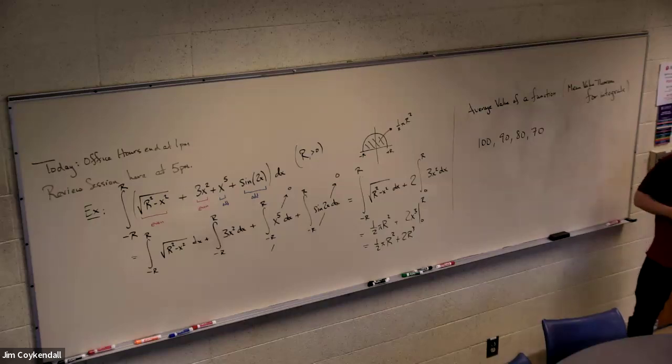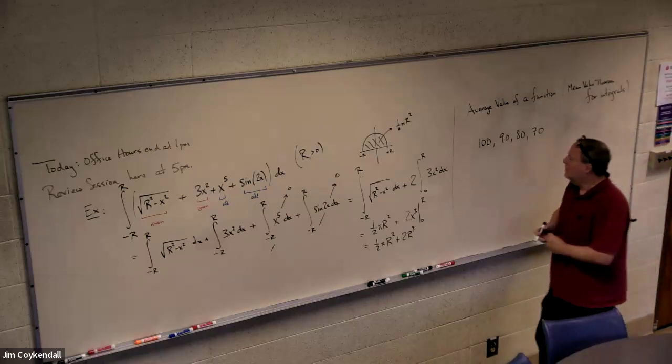That's actually a pretty smart way to do it. But that's because these scores were spaced out equally. In general, what if it was like 100, 90, 62, 43? So add all of them and divide by 4, right?